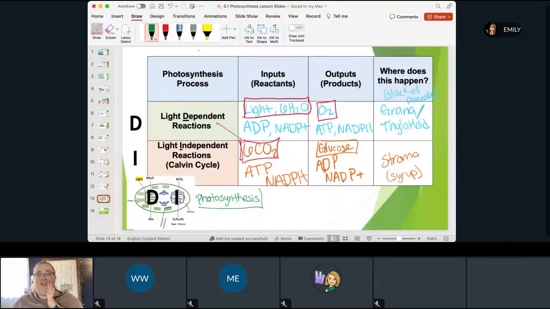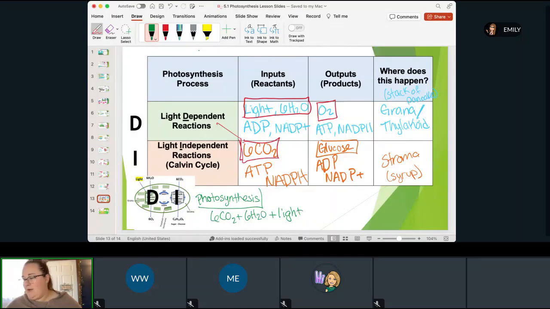Here's a hint. They're boxed in. Light is absolutely one of them. Good. 6 CO2. Good. Water.